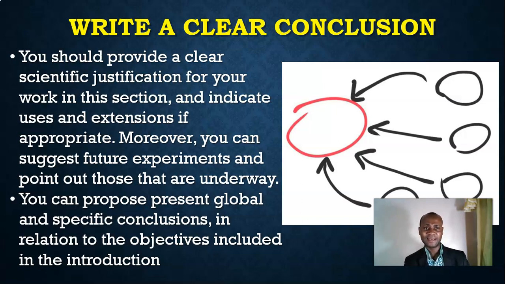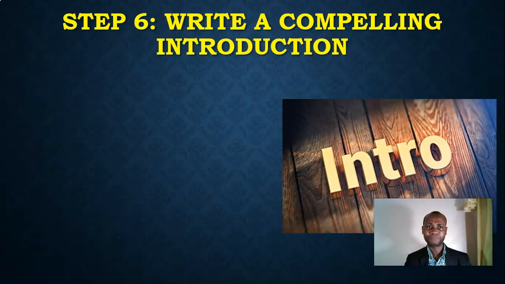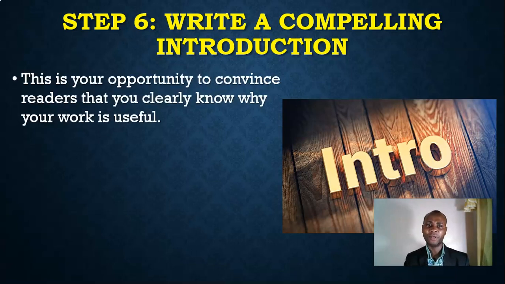So get this clearly and then just follow these simple guidelines. In your conclusion, you are going to highlight only the main finding and then indicate the implications or how your result advances knowledge. This is very important, so get it very clearly. When that is done, then you have to write your introduction. That is step number 6 in preparing the journal paper.